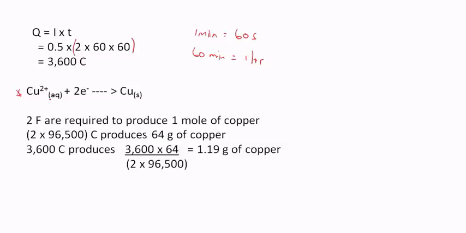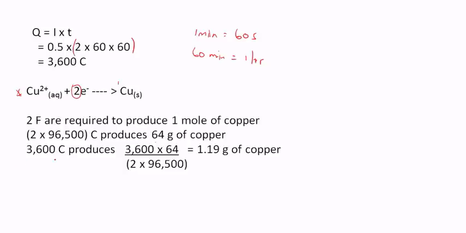which would be Cu2+ plus 2 electrons producing copper. From this equation, it tells us that, look at it, we have a 2 in front of the electrons. So 2 Faradays are required to produce 1 mole of copper. The 1 is not written in front of the copper, but it is understood that there's a 1 here. So 2 multiplied by 96,500 coulombs produces 1 mole of copper, which is 64 grams of copper.